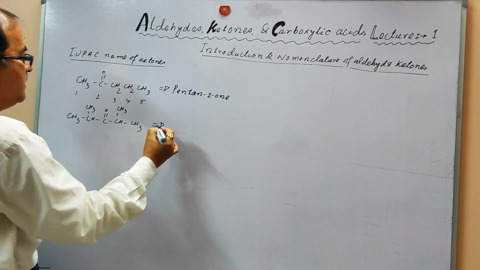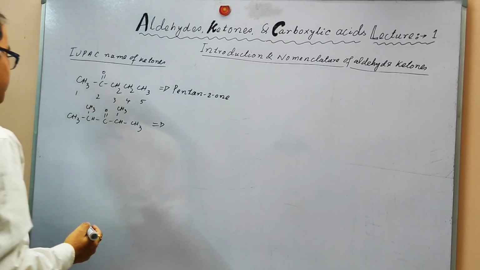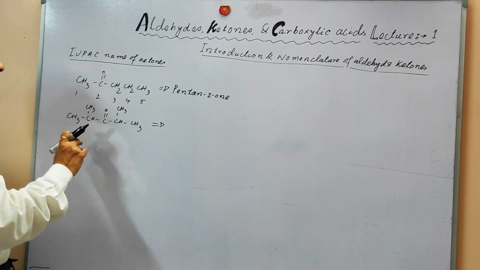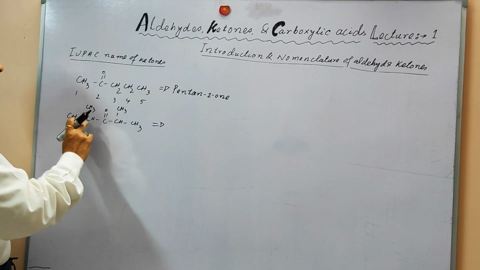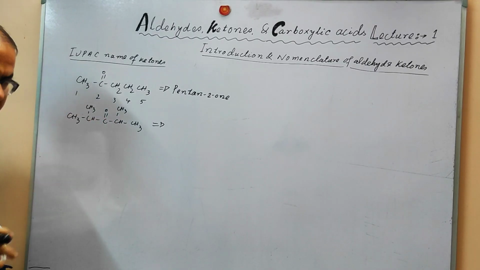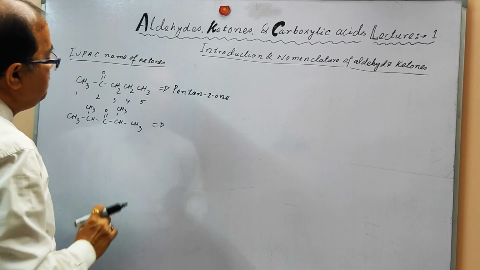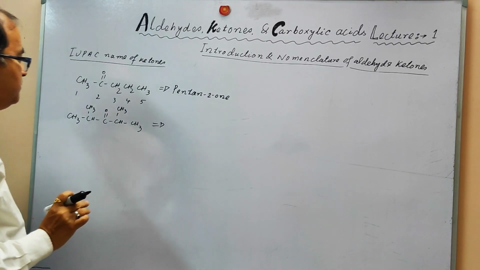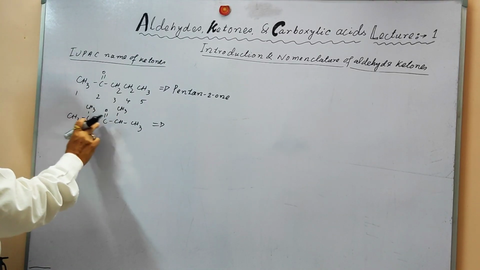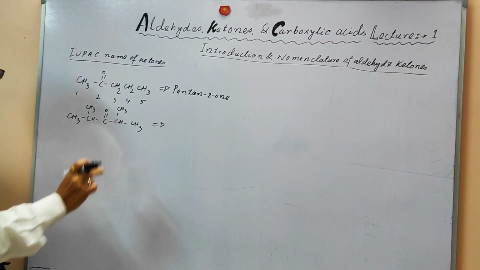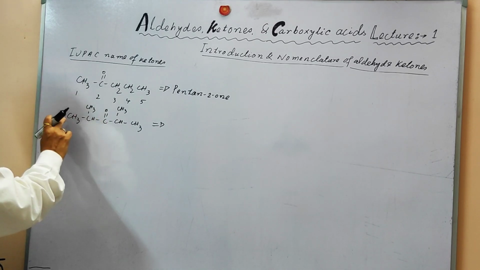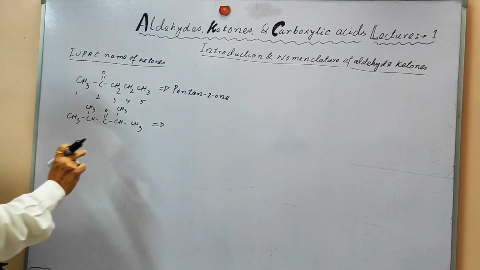Here you can see there is a substituent present. A methyl group is present on the 2 carbon atoms, right? So first we have to number this. Here you can see both ends are equidistant. If you take from this side or from this side, it does not matter.